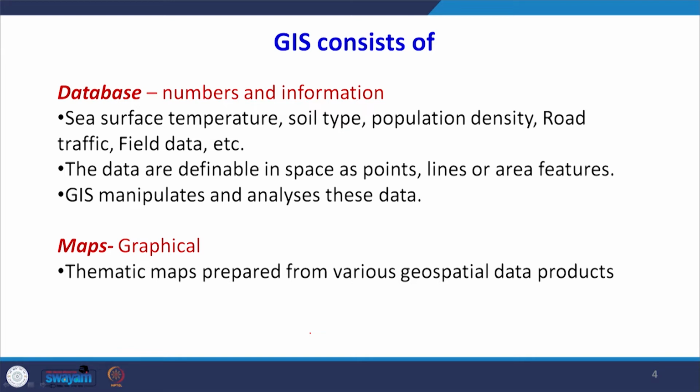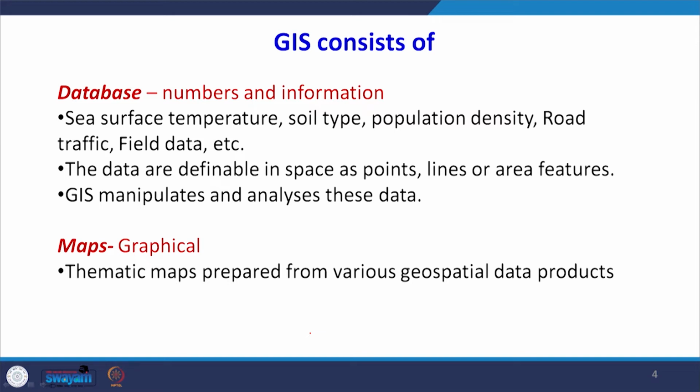Now GIS consists of two things, a database as well as the maps. Database could be numbers, could be information, like elevation data, precipitation data, temperature data, population data, sea surface temperature, traffic data.